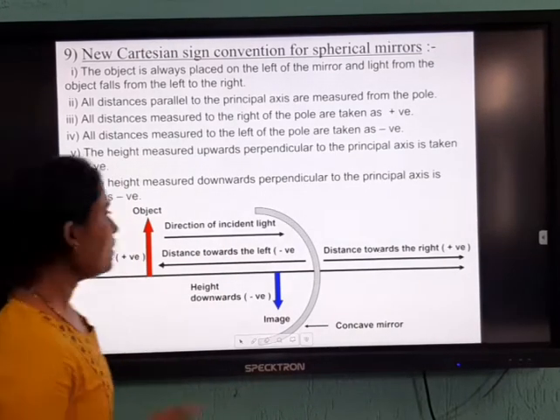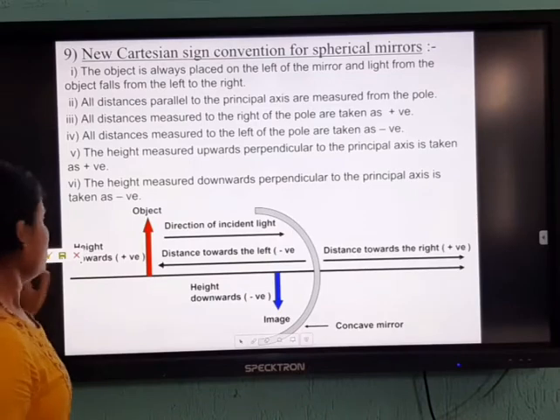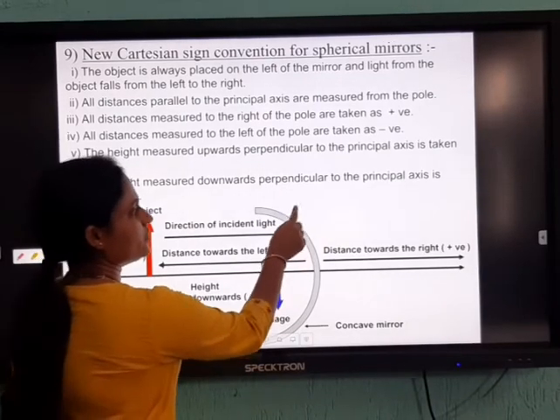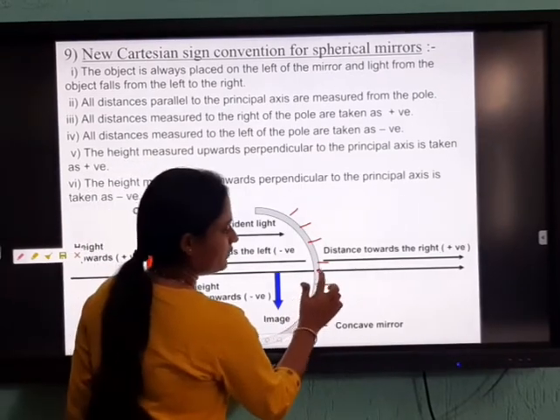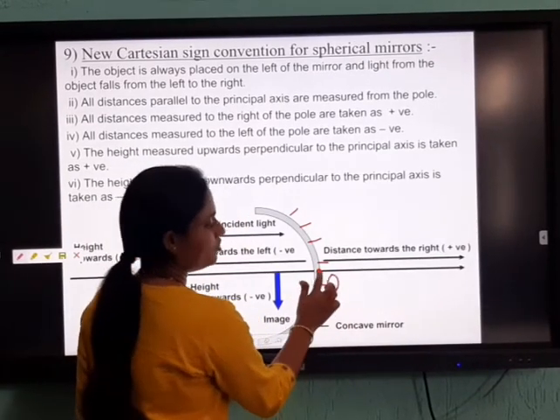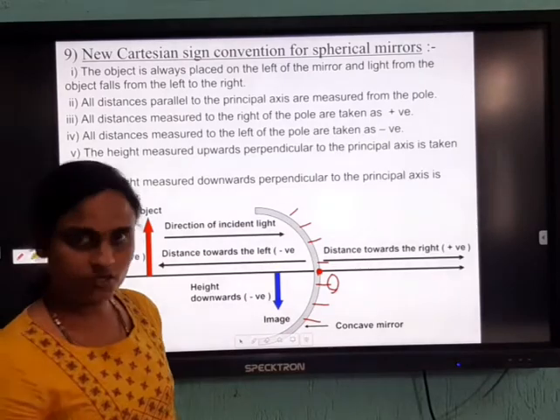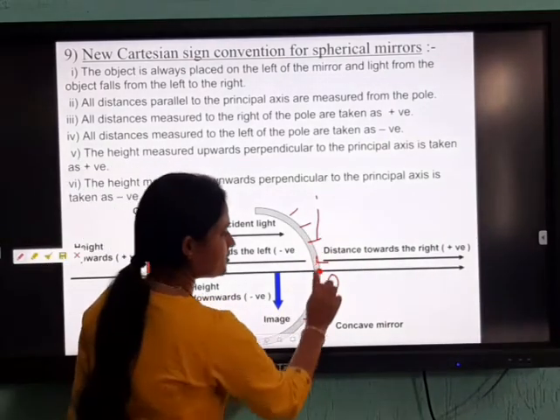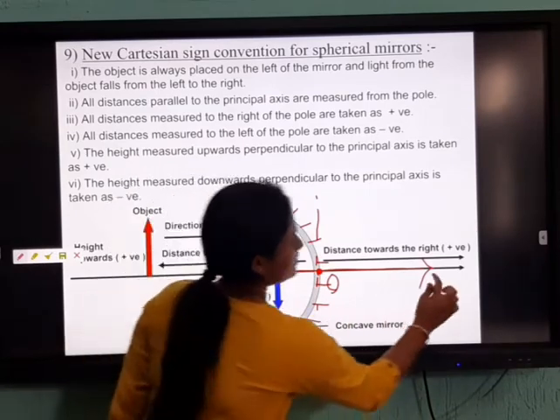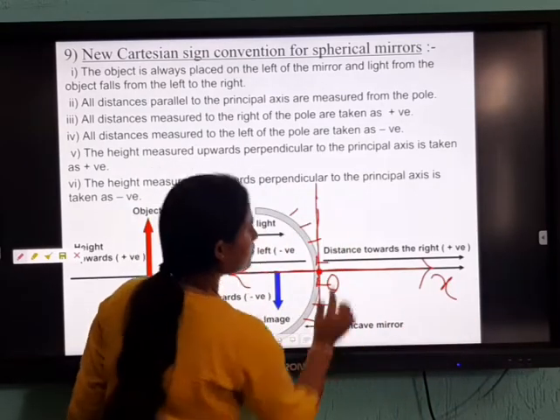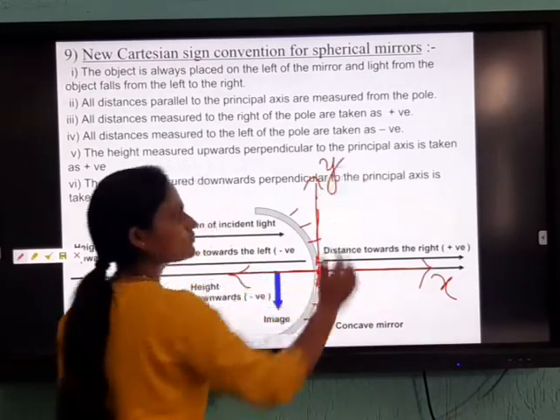So there is a mirror, whichever mirror you take. This is which mirror? Concave mirror. So P will be taken as the origin. The pole of the mirror is taken as the origin. According to the coordinate system, this will be the x-axis and this will be the y-axis.